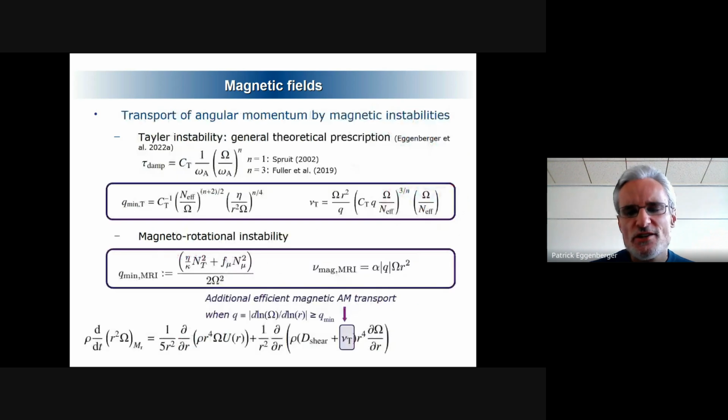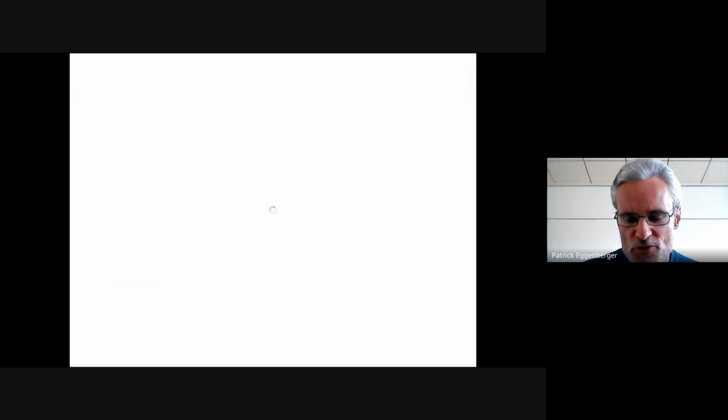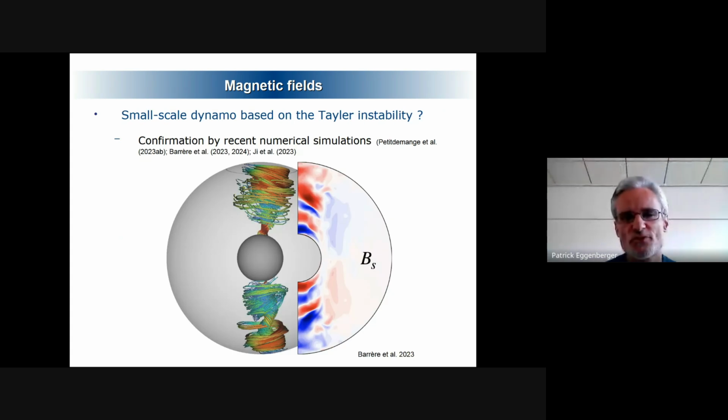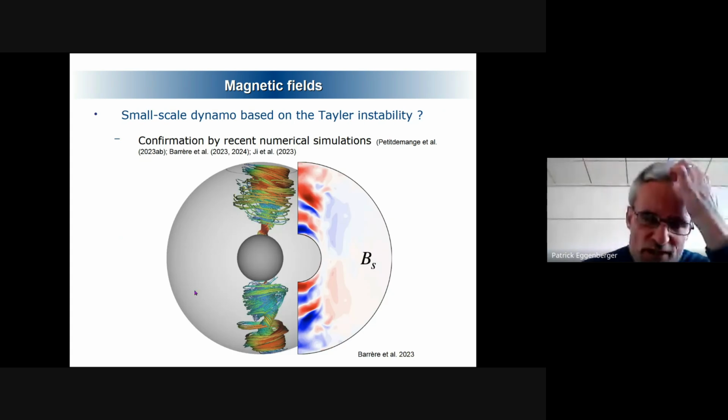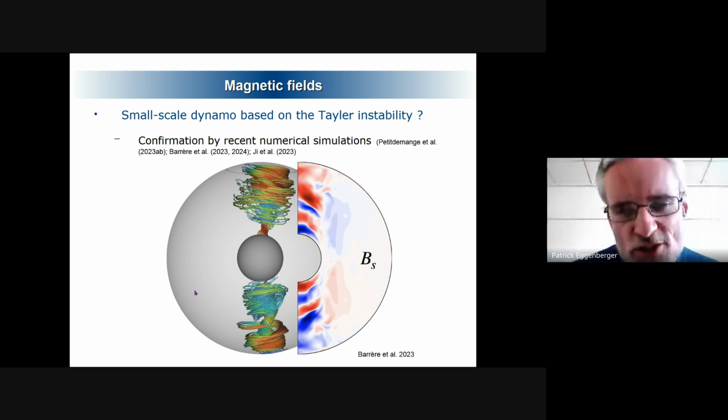The main change recently came from numerical simulations that have confirmed, and this is a very important result, that we can have a dynamo, some kind of small-scale dynamo, in the radiative zone of these stars based on the Tayler instability as originally introduced by Spruit and collaborators.